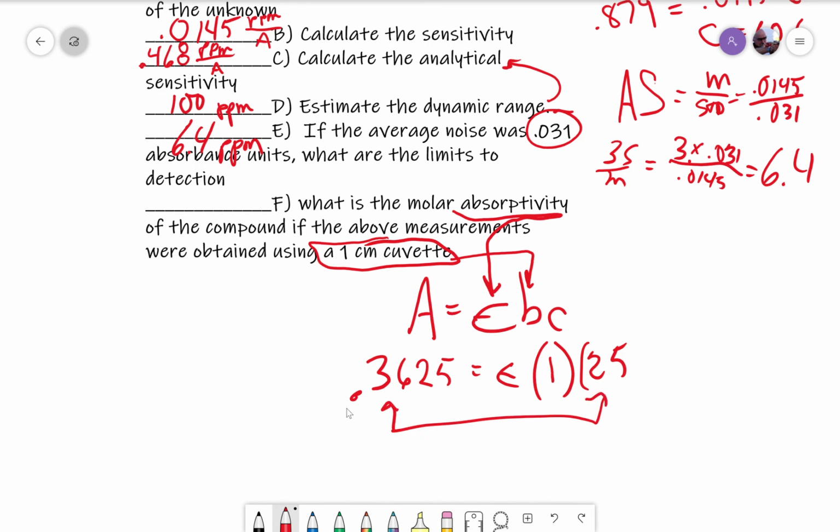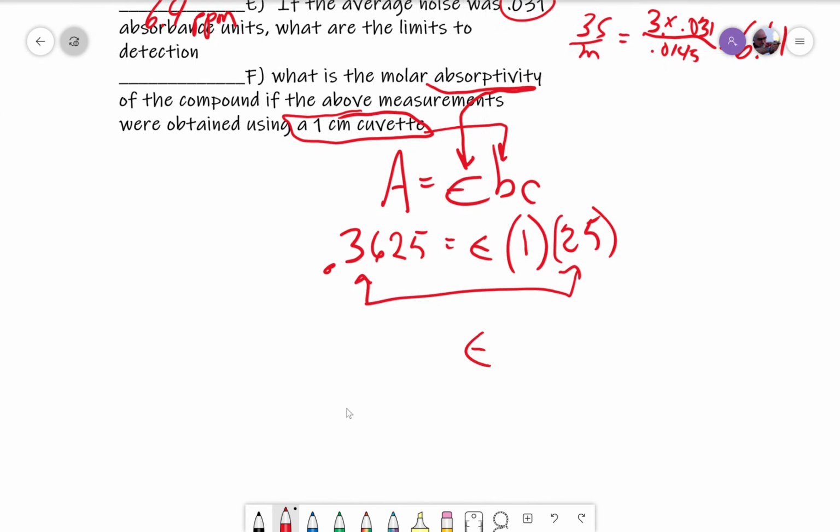So I just picked one data set to plug into that, within the dynamic range, of course. The molar absorptivity is in absorbance units per ppm centimeter.